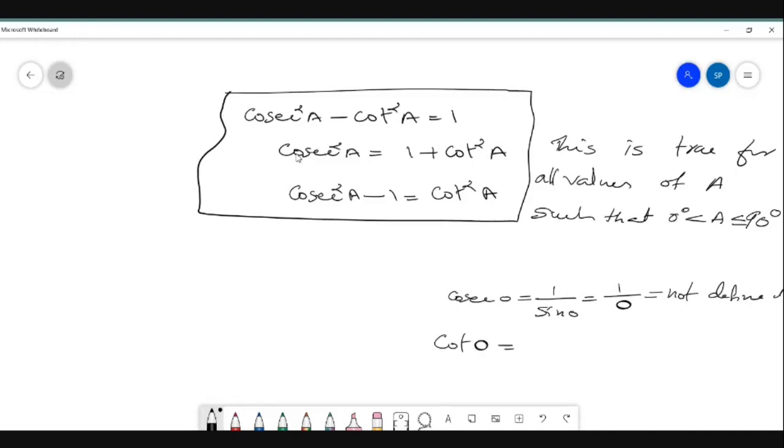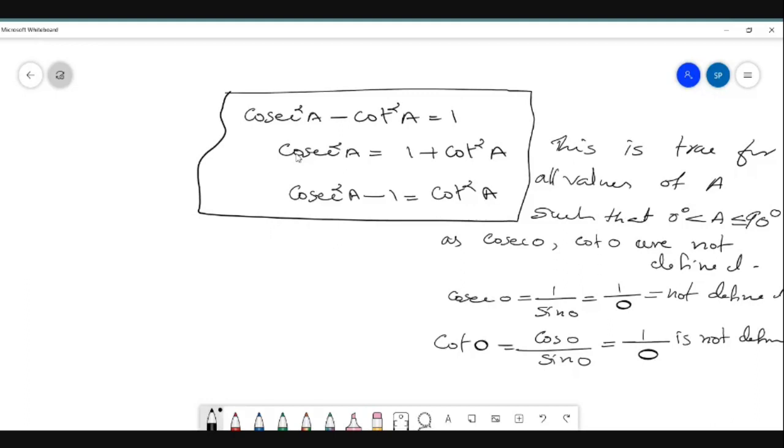Cot 0 is cos 0 by sine 0. Cos 0 is 1, sine 0 is 0. Again it is not defined. So we can say cosec 0 and cot 0 are not defined, so it is not true for A equal to 0.